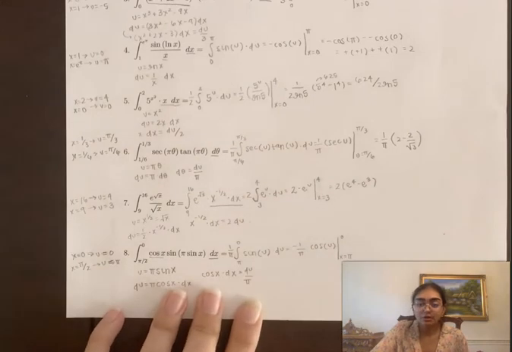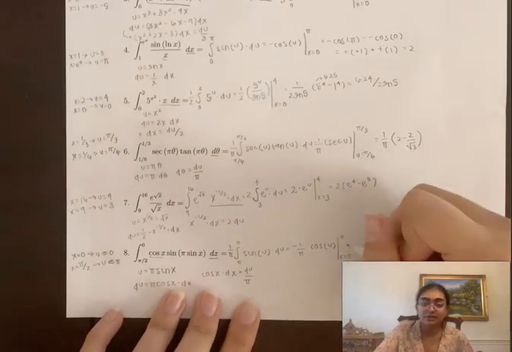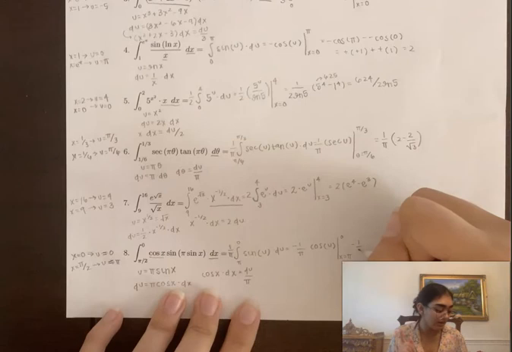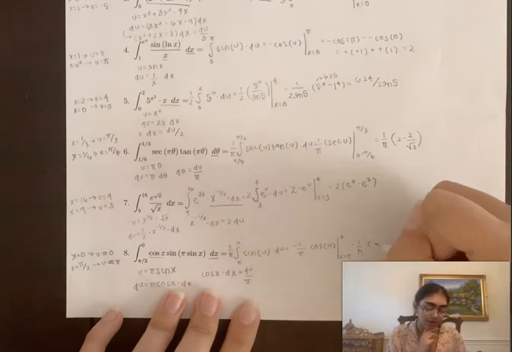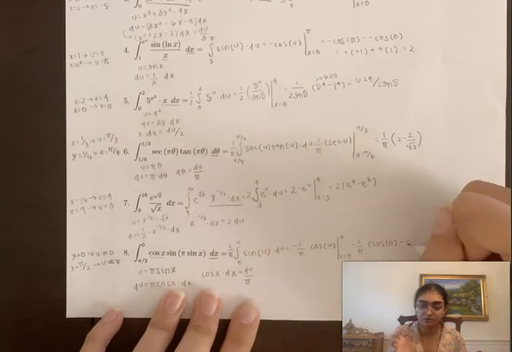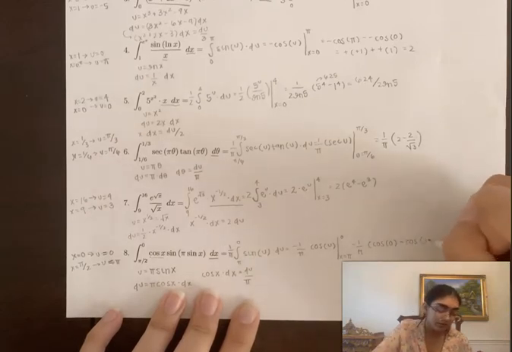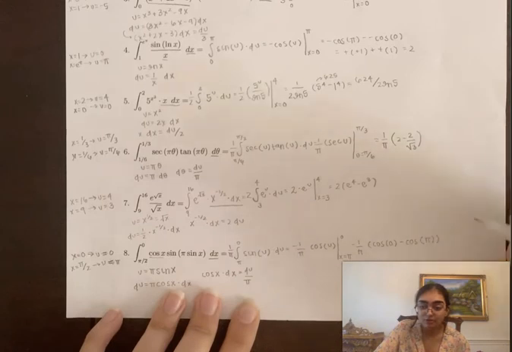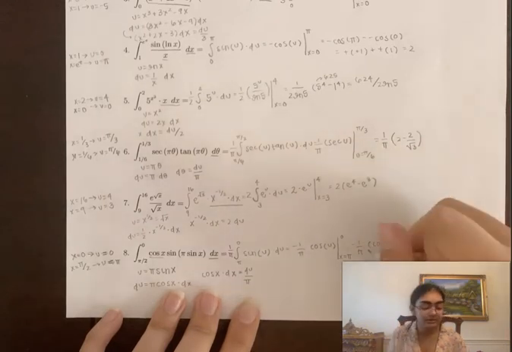So now we're just going to go ahead and plug in our values. Again, that x right there should be a u. We have replaced all of our x values at this point. Everything should be u's. So what we're going to get is negative 1 over pi times cosine 0 minus cosine pi.